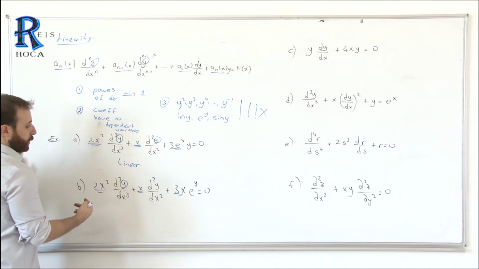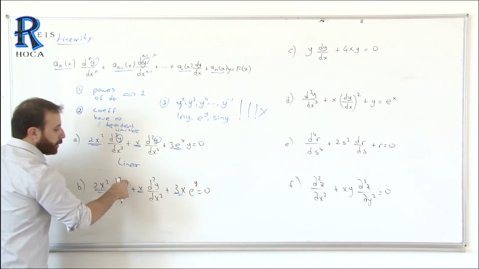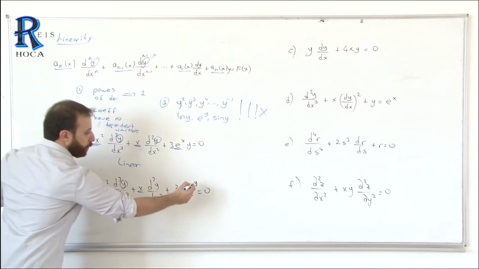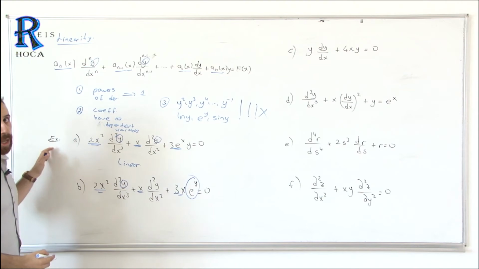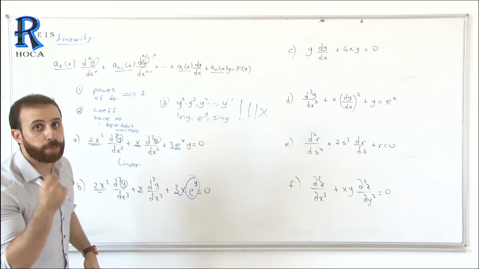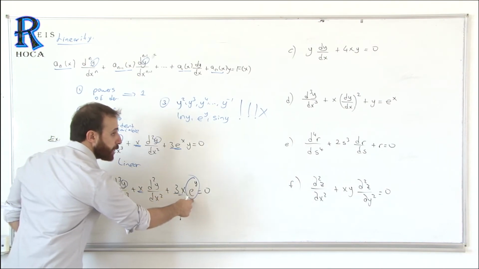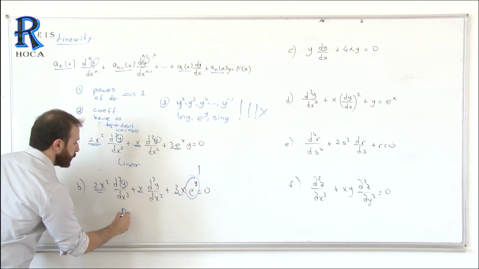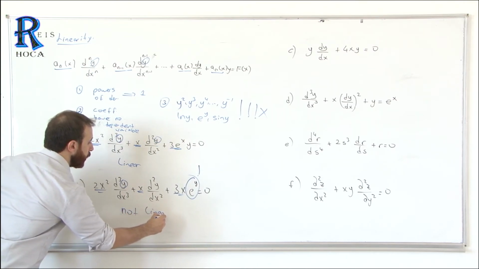But about the dependent variable y, there will be no other function of y, but we have exponential y. You cannot see any other type of function which depends on the dependent variable. Because of the third condition, this is a problem, and this is not linear for us.